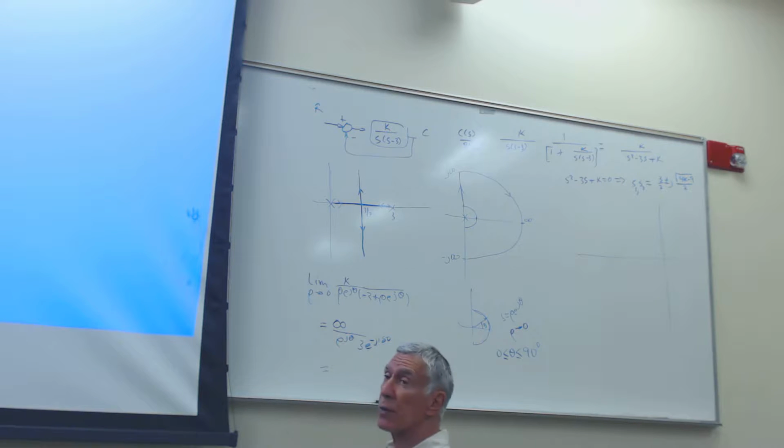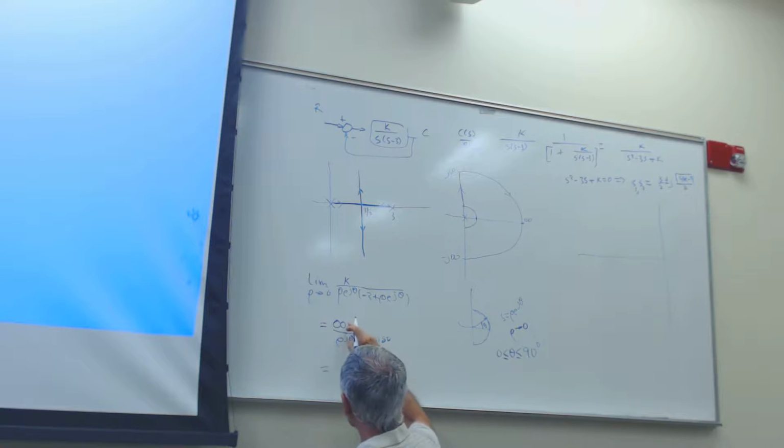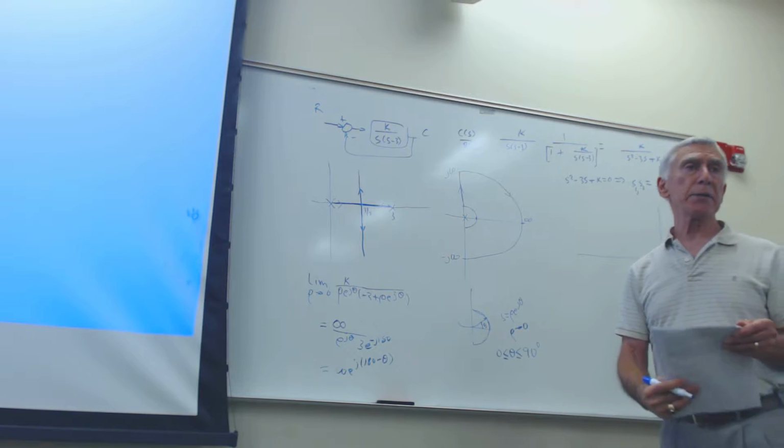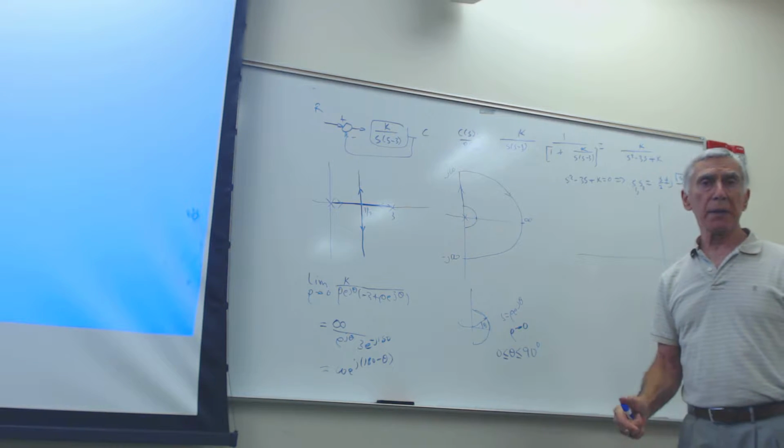And when we bring it into the numerator, we just change the sign. So you've got infinity over 3, which is still infinity, so you've got infinity e to the j (180 minus theta). Do you see the math there?